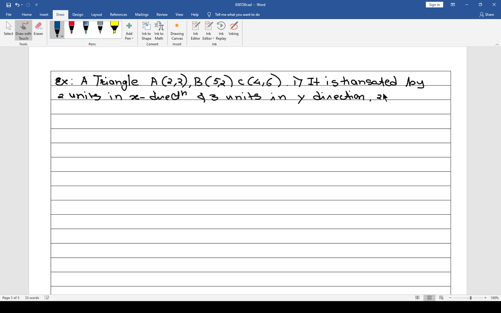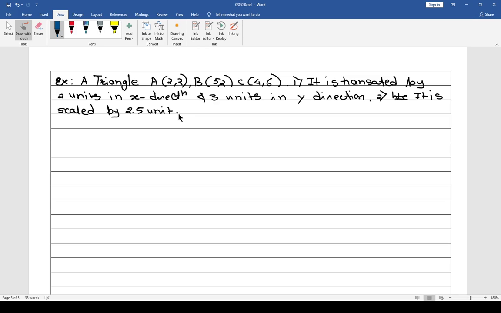Then next what it does, okay, so then what you say, it is scaled by, say, 2.5 units.